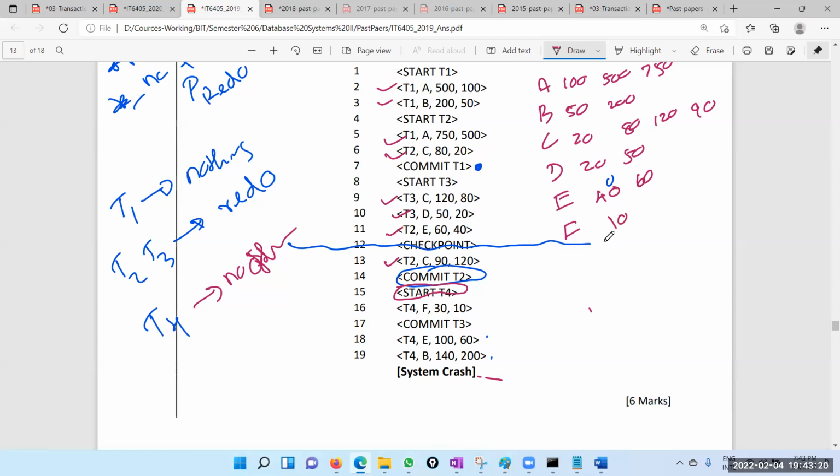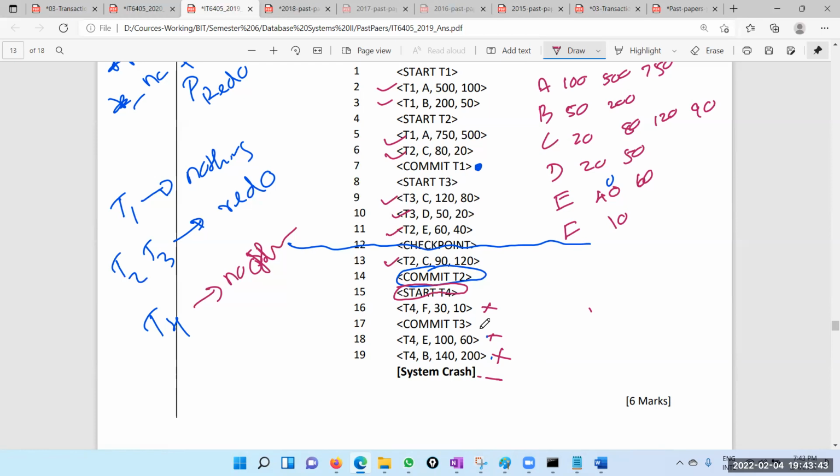It is not going to be changed to 30 because this is not flushed to the database, and therefore we are not worried about that, right? So E will remain 60, right? And B will remain 200, because these two transactions are ignored.